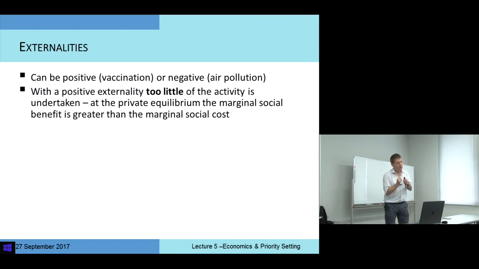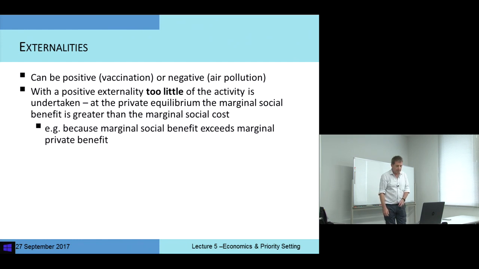In other words, we've got an opportunity by doing a bit more to get some additional benefit, enough to compensate us for the additional cost, or more than compensate us. This happens because the marginal social benefit of an activity exceeds its marginal private benefit. Now this would be the example in vaccination.